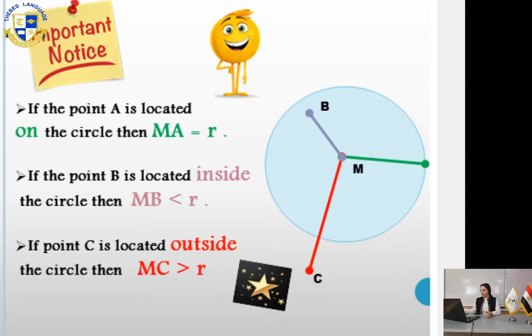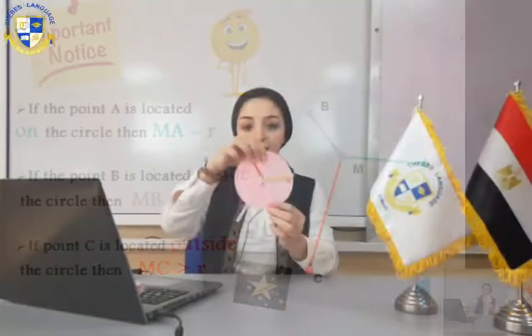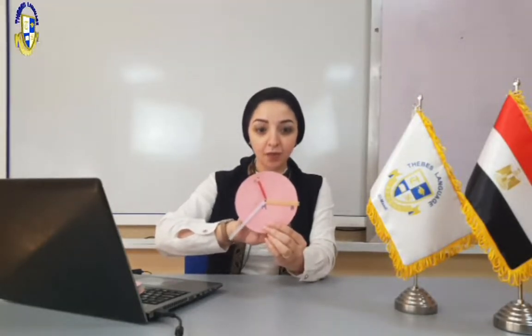Next, here we have to know that if we have a circle like that, its center is M, okay? And we put a point on the circle, like point A. If we put this point on the circle, then MA equals the radius.